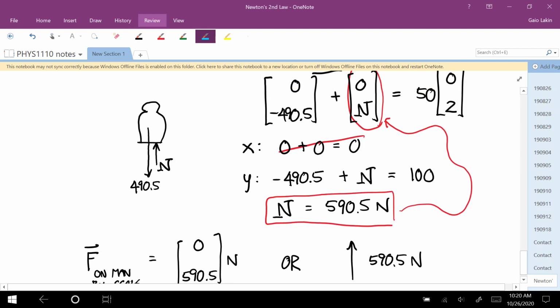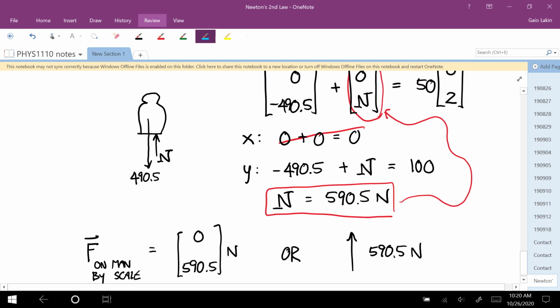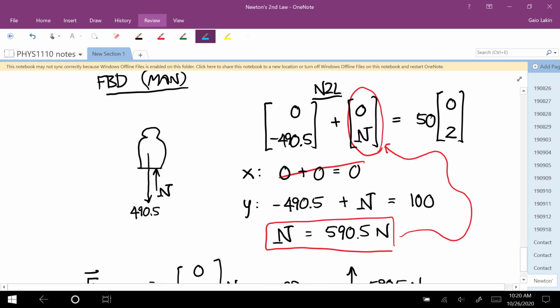But the interesting thing about this is, remember, the man's weight is only 490.5. So when the elevator is accelerating upwards, that scale is going to read a larger value than it would if it was just representing the person's weight. And you probably recognize this feeling from being on an elevator.